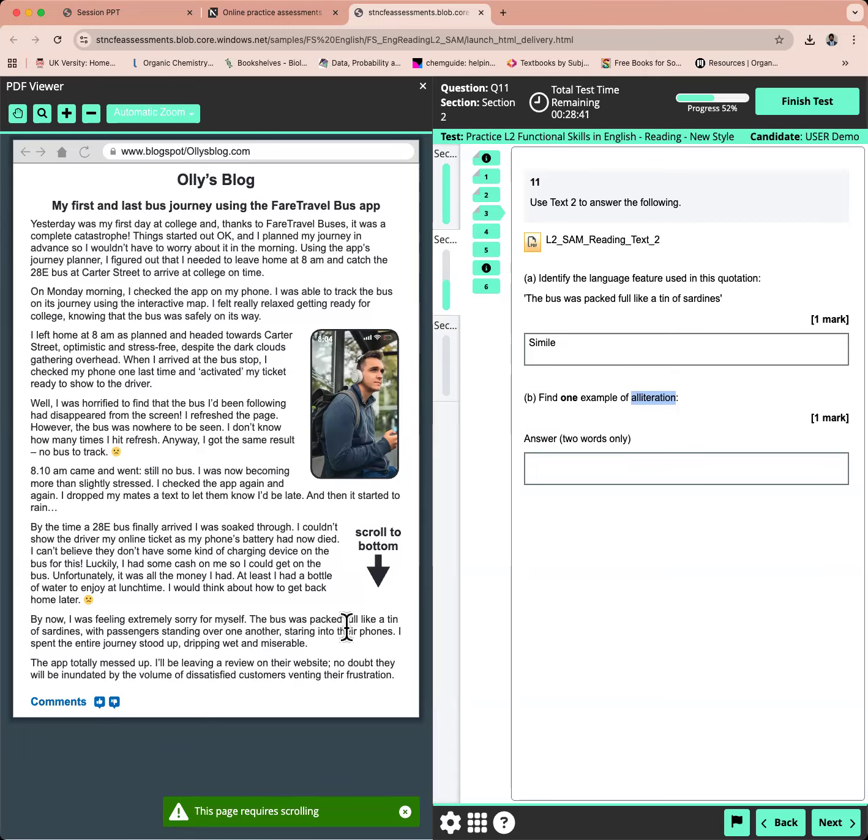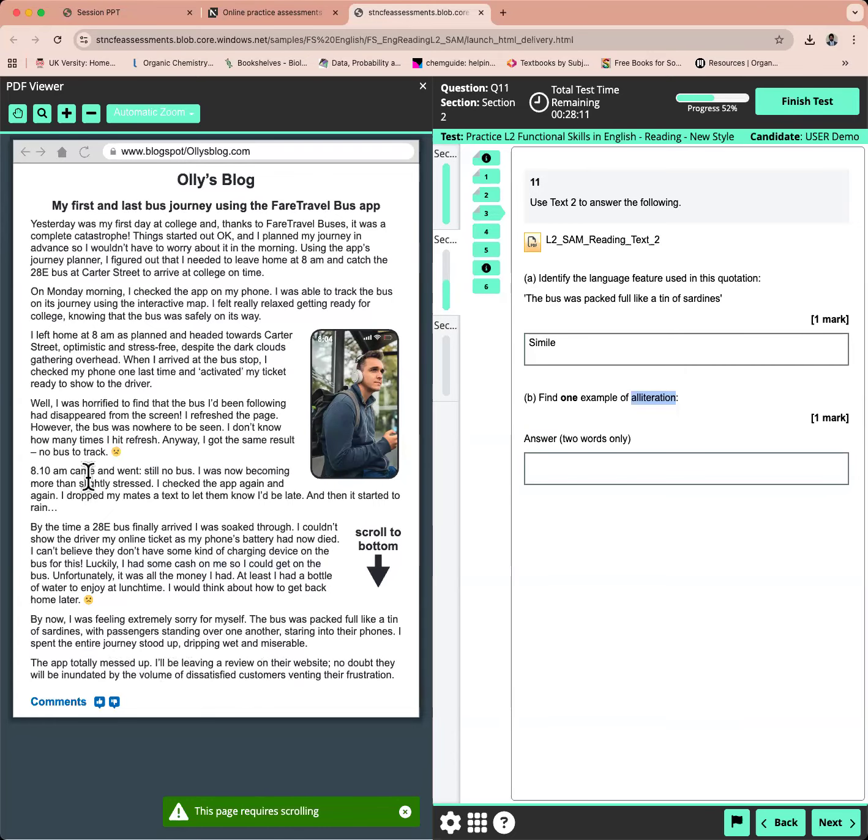That would help me pick out the example of alliteration. I had some cash on me, I could get onto the bus. So again, probably there but not there in the real sense. And the bus was packed full like a tin of sardines, with passengers standing over one another, staring into their phones. I spent the entire journey stood up, dripping wet and miserable.